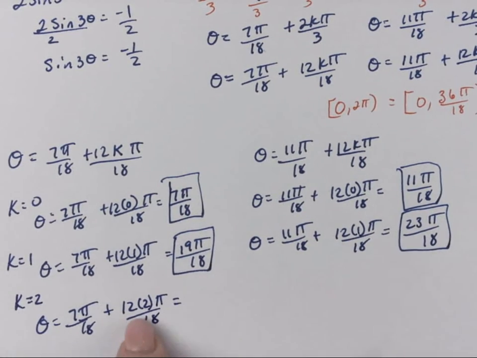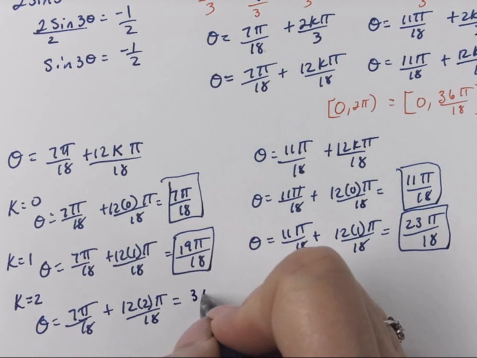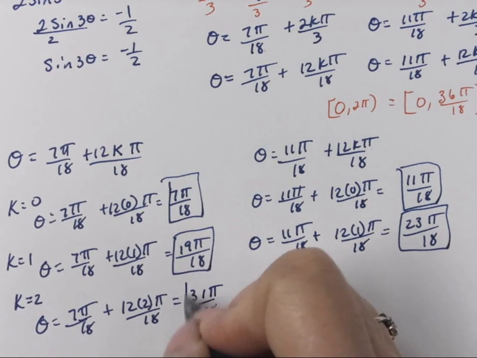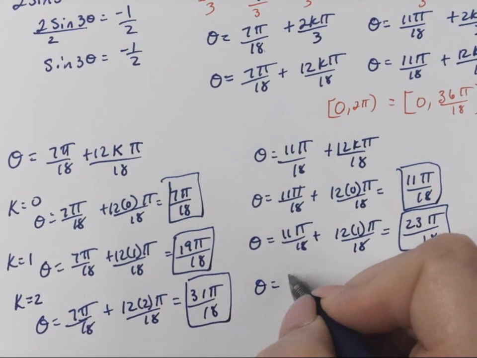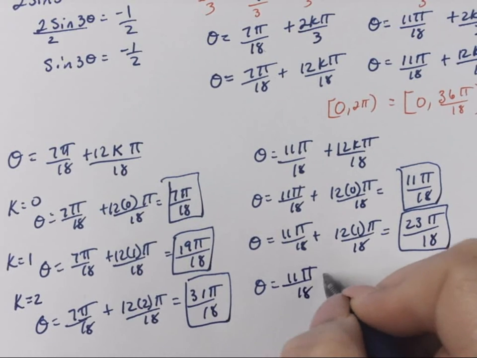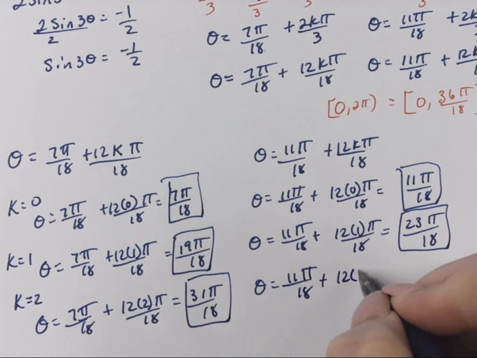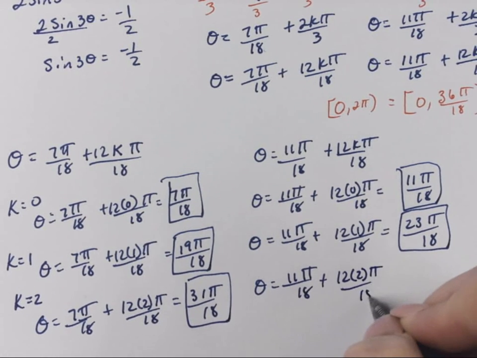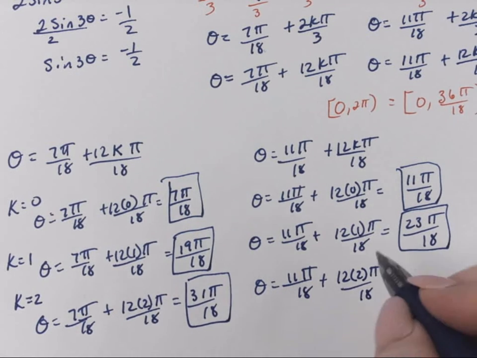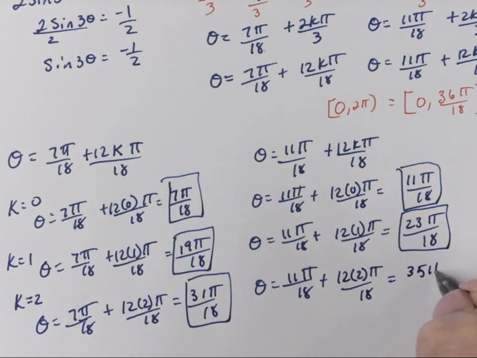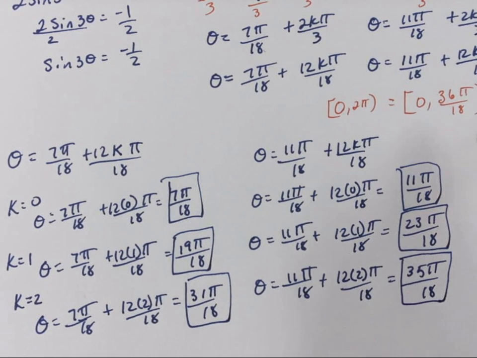So remember, we rewrote what 2 pi looked like here. 36 pi is right up next to 35 pi, so we will stop because k equals 3, we would go too far. So we will stop at this point because that gets to the whole part of our 2 pi. So we ended up with 6 angles that fit into our solution of our trig function in the interval of 0 to 2 pi.